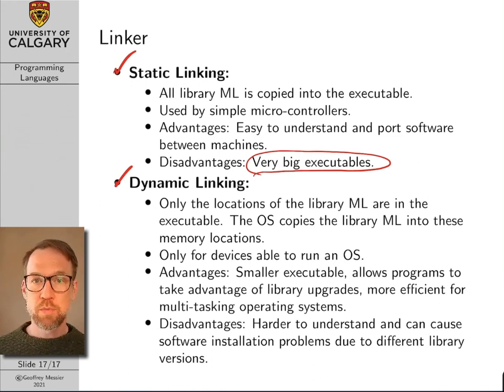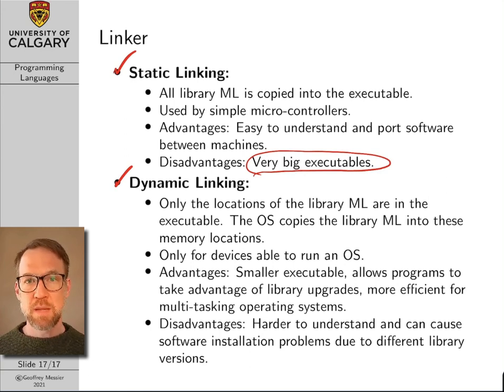And so the executable will start to run, and when it hits a library function, the operating system actually connects our program to the machine language in the library in real time and allows our program to execute that code. This only works for devices that have operating systems, and so we won't be using dynamic linking in our hands-on exercises for this course, but it's just important to know that it exists.